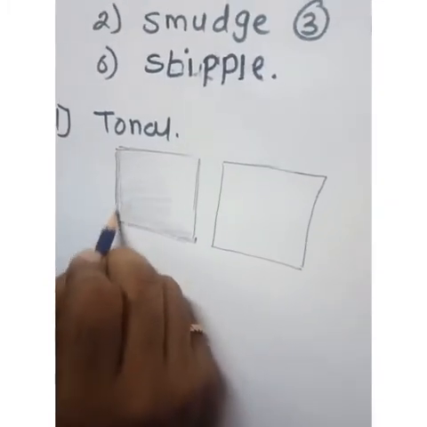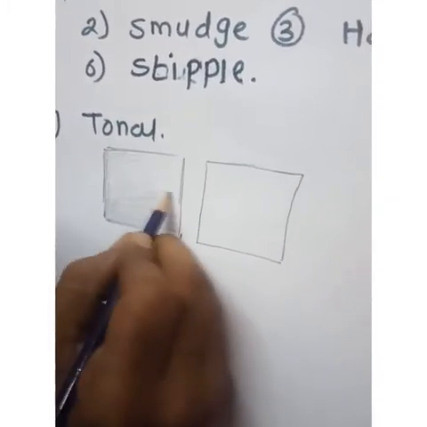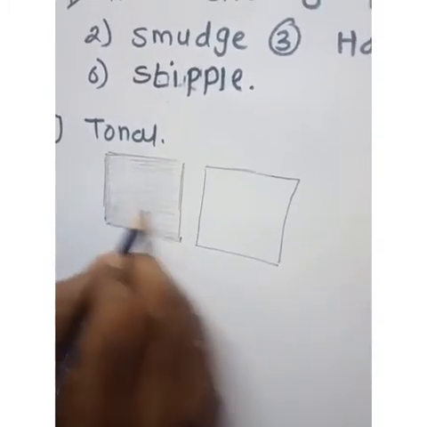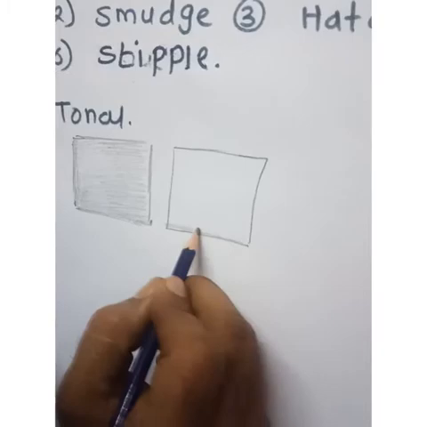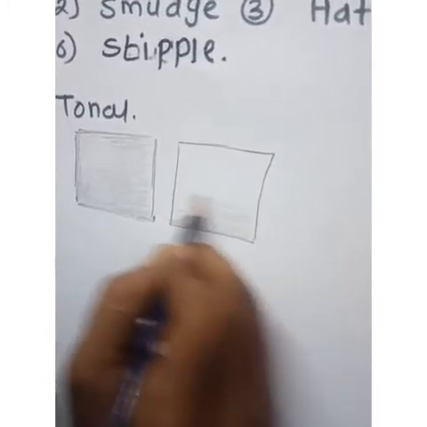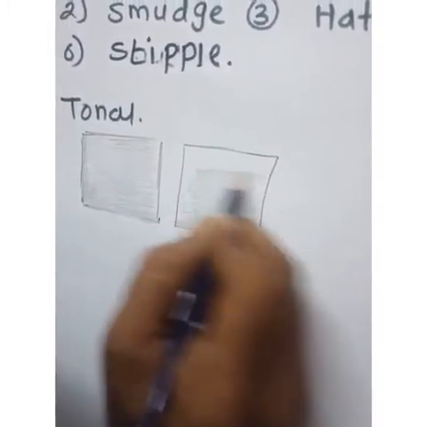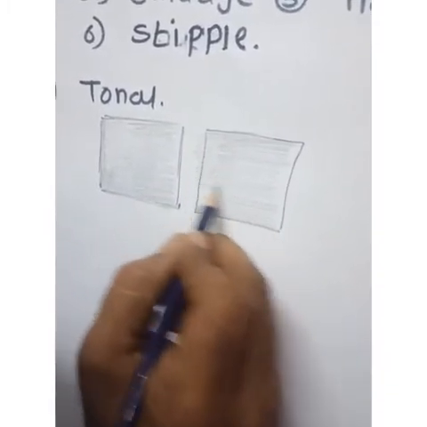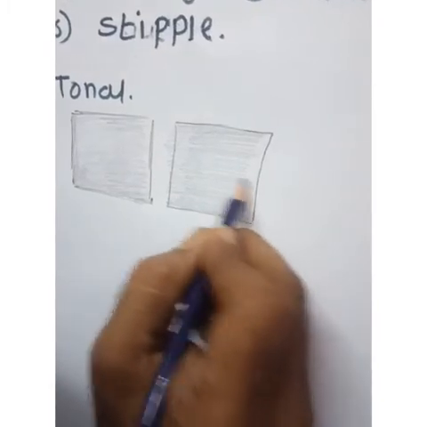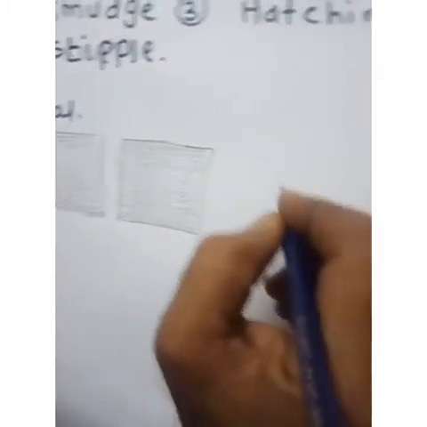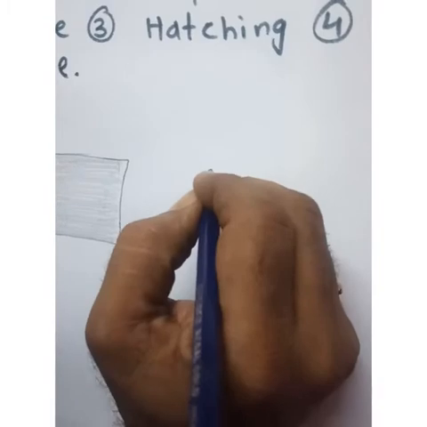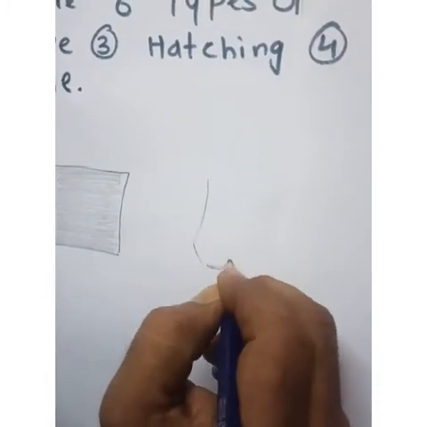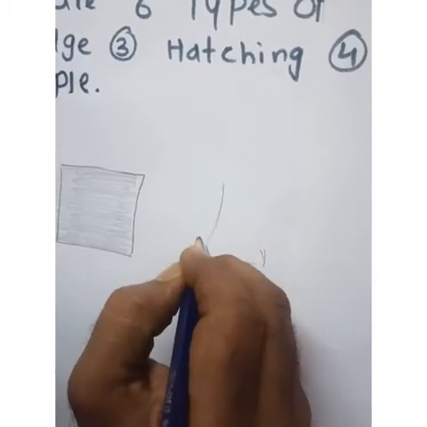This is a basic shading. And this will be little darker. This is tonal shading, a basic one. Commonly we are using this one. And the same way I am going to show you one part of our face, and with that technique we are going to shade that one in a tonal technique.